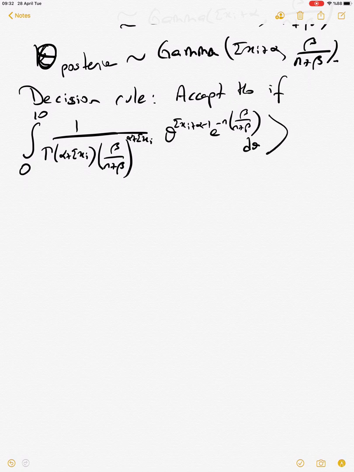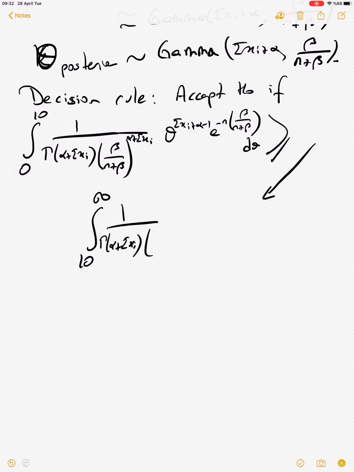If this is greater than or equal to, I will write this part from 10 to infinity. The same thing actually, we have to write the same thing here.